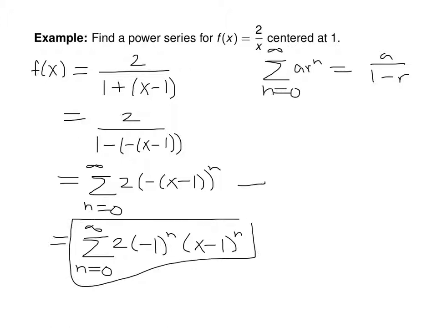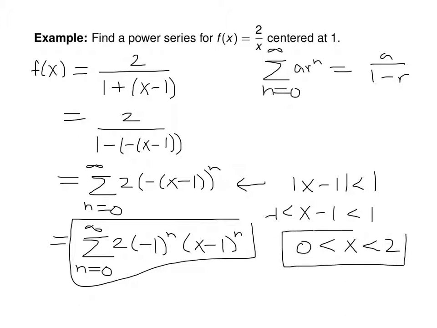And this will converge so long as the absolute value of x minus 1 is less than 1, which means x minus 1 is between negative 1 and 1, or x is between 0 and 2. So that's the interval of convergence. Or you could express that also as 0 to 2.